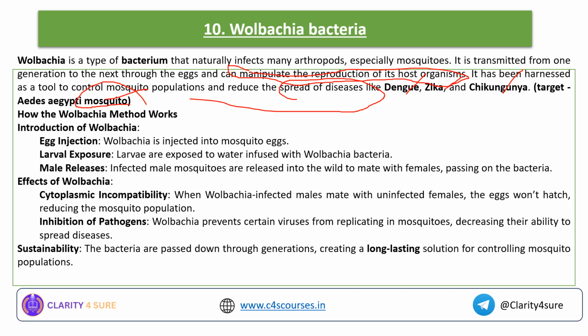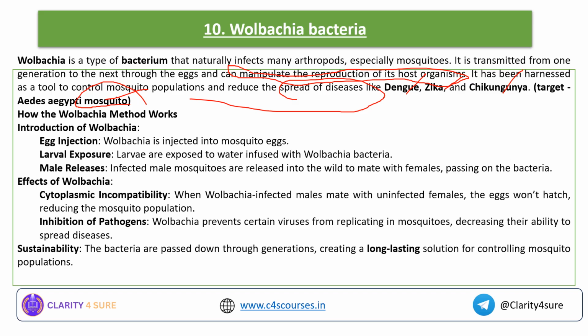scientists are working on this project. How will it work? The Wolbachia bacteria itself will be injected into the eggs of the mosquitoes. Here what happens: we have already seen that these bacteria in the next generation will manipulate the reproduction of the host organism.